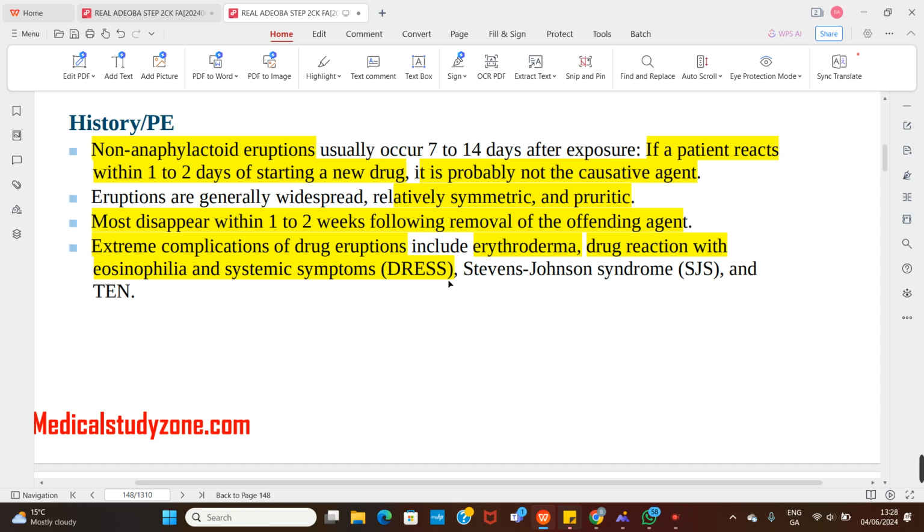It can affect the kidneys, and it can range from acute interstitial nephritis to acute tubular necrosis, and most of them will be evidenced by elevation of the blood urea nitrogen levels. Right? You just think about an individual starting a medication, then after some weeks, the person is having eosinophilia, having some rash, then subsequently having elevated BUN. Think about DRESS syndrome.